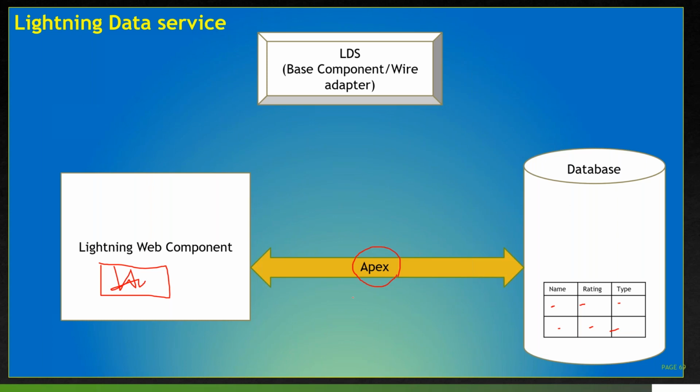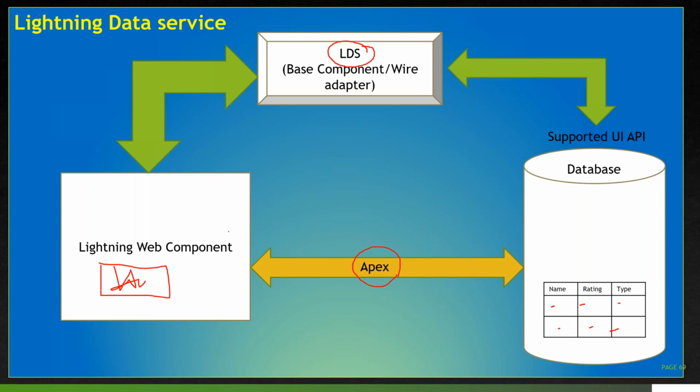Whenever you want to access data from the database without writing Apex programming, we can use this service. Whenever you want to get data for your Lightning web component, we simply use LDS, and LDS will go and check the data I need.